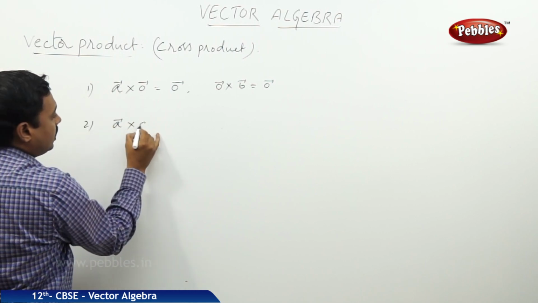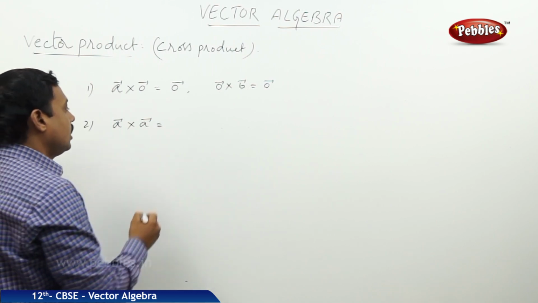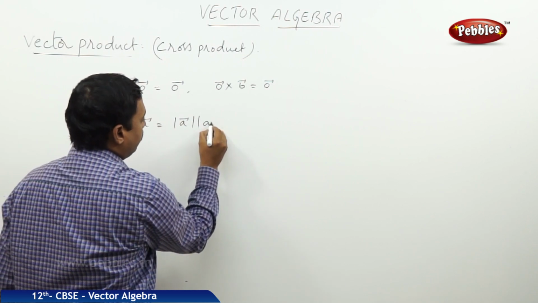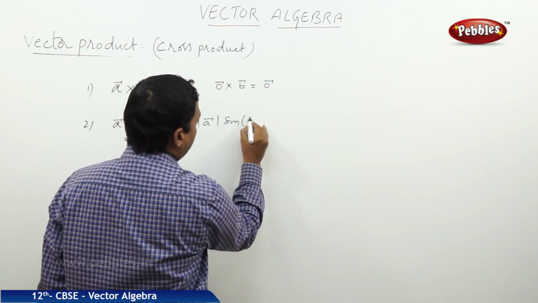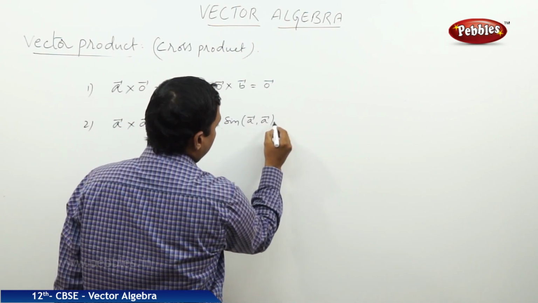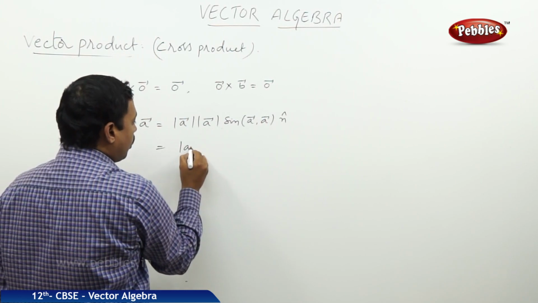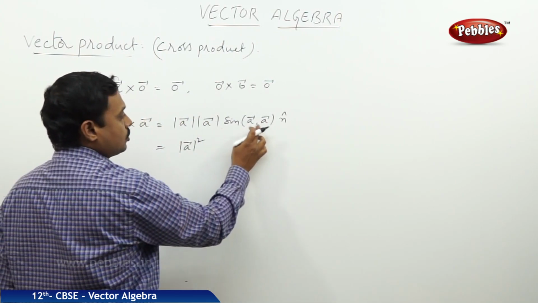Now, what is the cross product of a vector with itself? A cross A is equal to modulus of A vector into modulus of A vector into sine of the angle between A, A, into n cap. Mod A into mod A is mod A square. Sine of the angle between A, A is equal to sine 0.